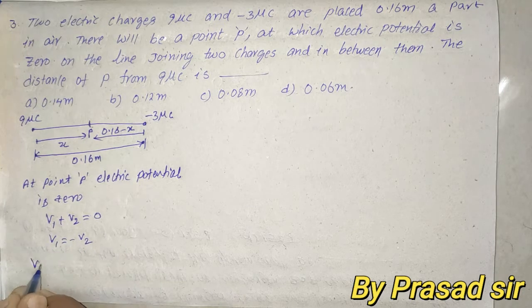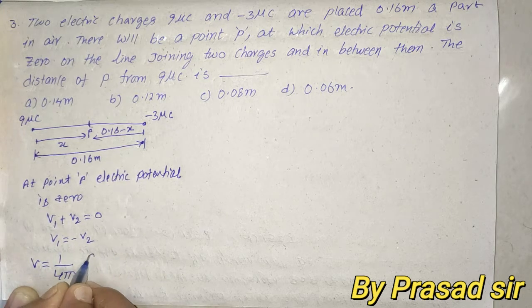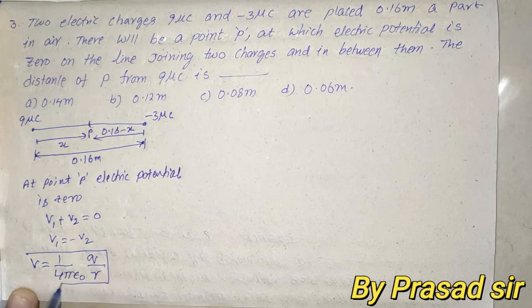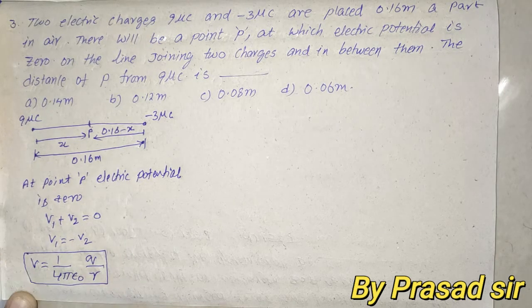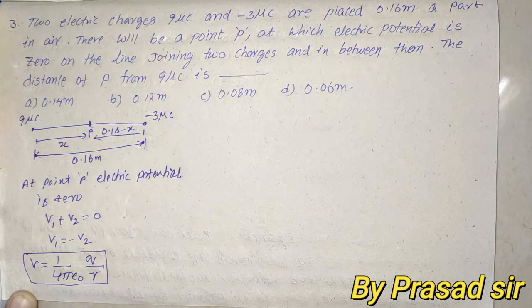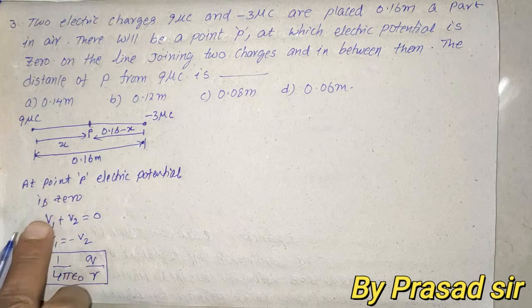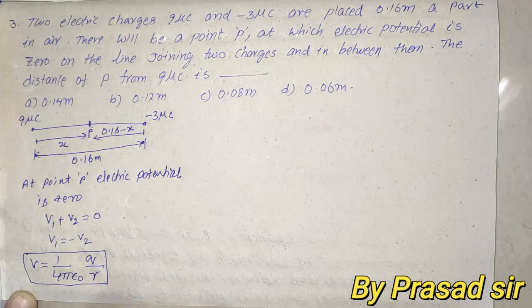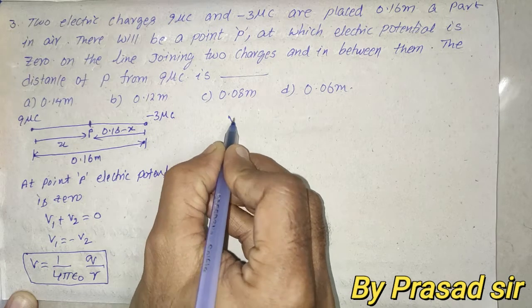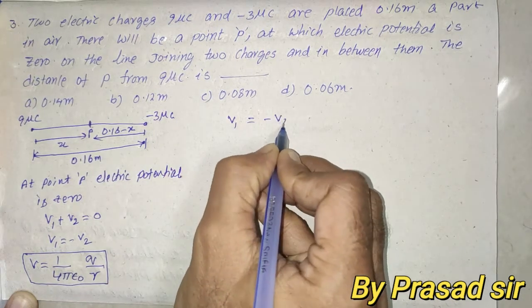But what is the electric potential formula? V is equal to 1 by 4 pi epsilon naught times Q divided by R. So this is the formula for electric potential. At this particular point the electric potential is 0, so V1 plus V2 is equal to 0, V1 equals minus V2. So first of all I will write V1 is equal to minus V2.